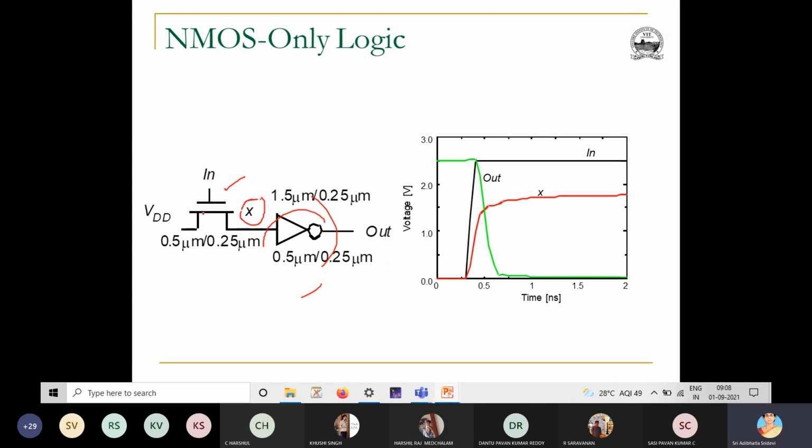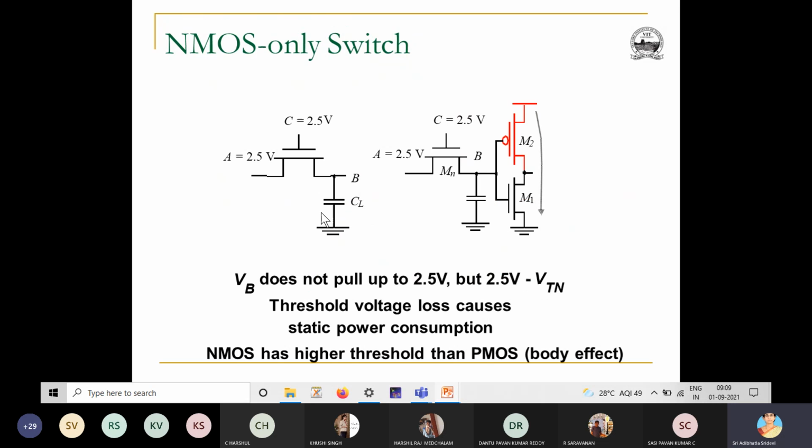That's why the CMOS inverter also consumes power, and that's the main problem with pass transistor logic. Pass transistor logic is sometimes called NMOS only logic because NMOS PTL has only NMOSFETs, and PMOS only logic means PMOS pass transistor logic has only PMOSFETs. So the threshold drop is a big problem.